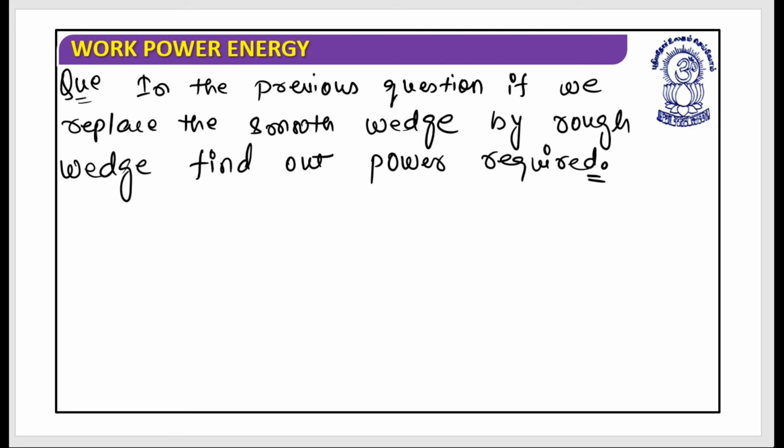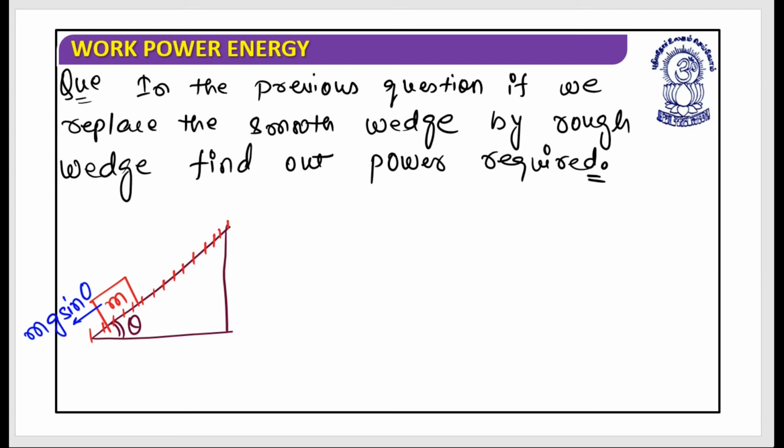So let's suppose this is the situation. This is an angle theta. Initially it was a smooth wedge, now it is a rough wedge. Let's suppose your block is here. Which forces are acting? You must understand that mg sine theta would be acting in this direction, and as this block is moving in the upward direction, friction should act in this direction too.